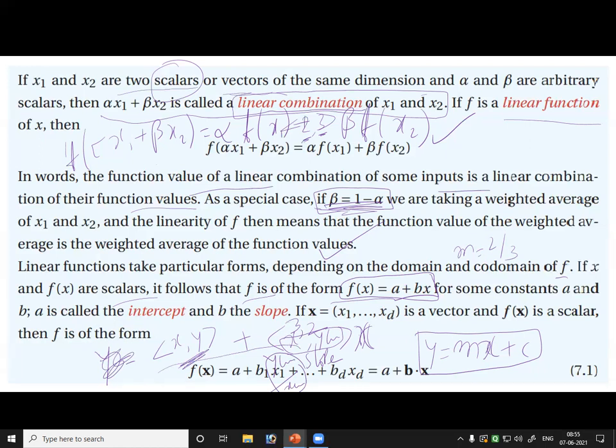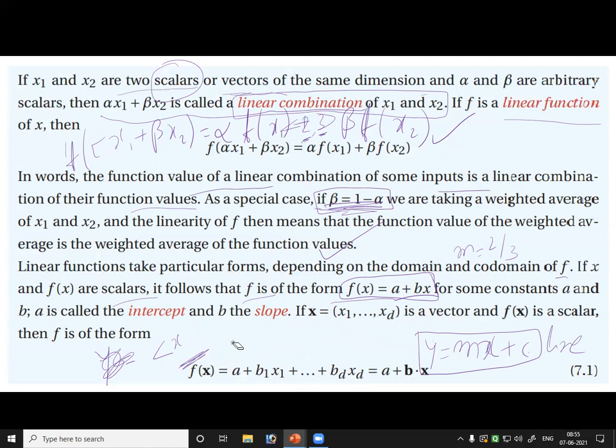Now, y = mx + c is a two-dimensional line. But in three dimensions, that is a plane, which is totally different, my dear friends.